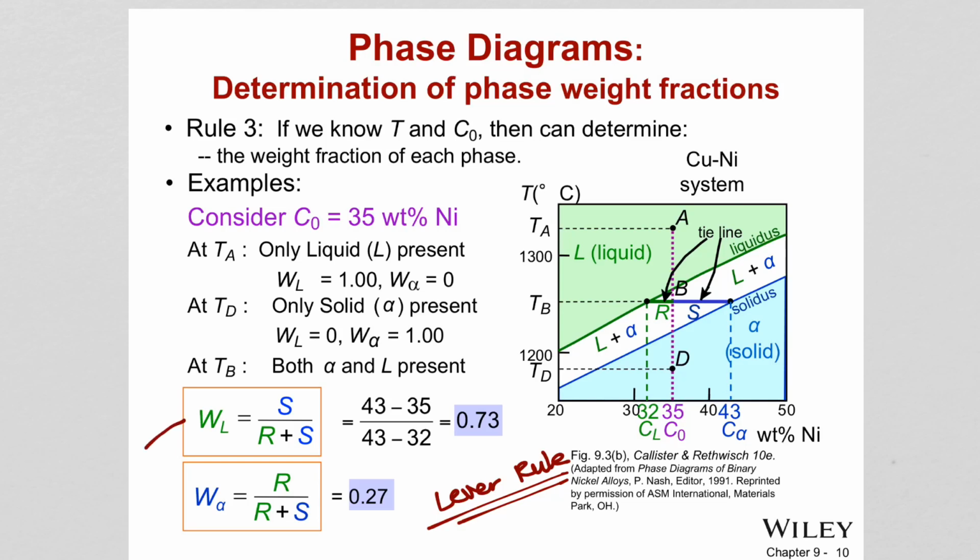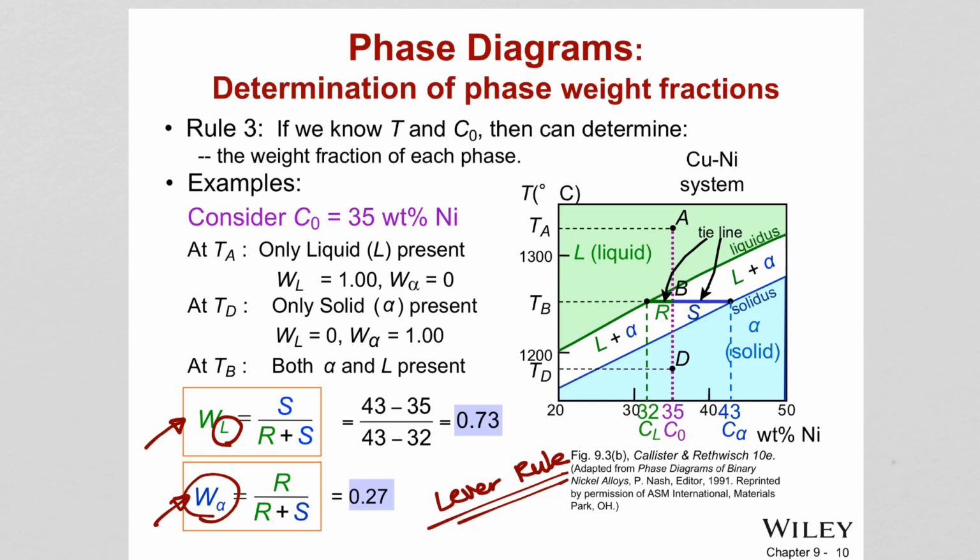For example, if you want to calculate the weight fraction of the liquid phase, you have to use this equation. And if you want to calculate the weight fraction of the solid alpha phase, you're going to use this equation. Let's see now how we're going to use it.